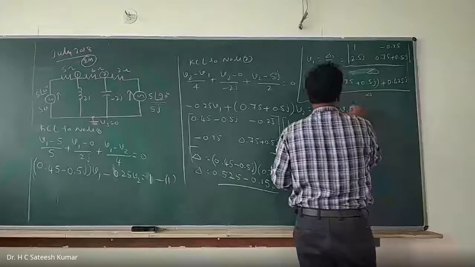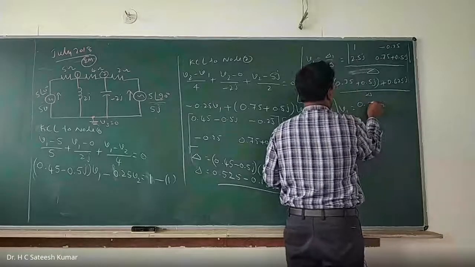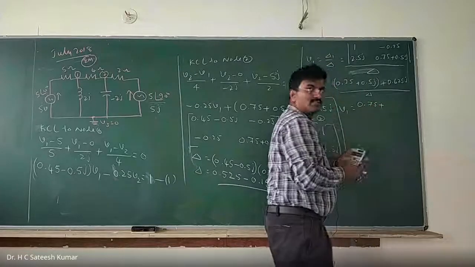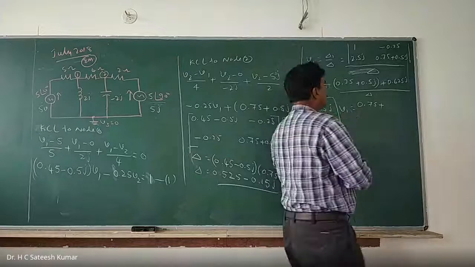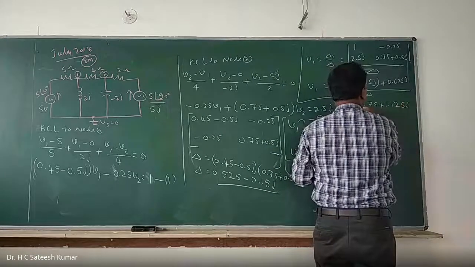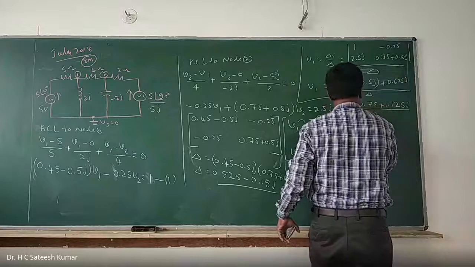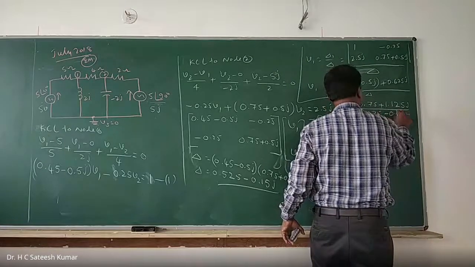Add directly: 0.75 plus 0.5 plus 0.625, 1.125J, divided by delta, 0.525 minus 0.15J.